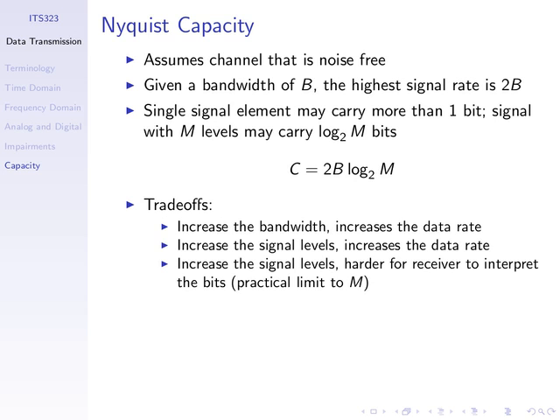So in my first scheme, where we use 2 levels, that is, in our equation, M equals 2, is the simple or obvious case. You just use a different level for a different bit.